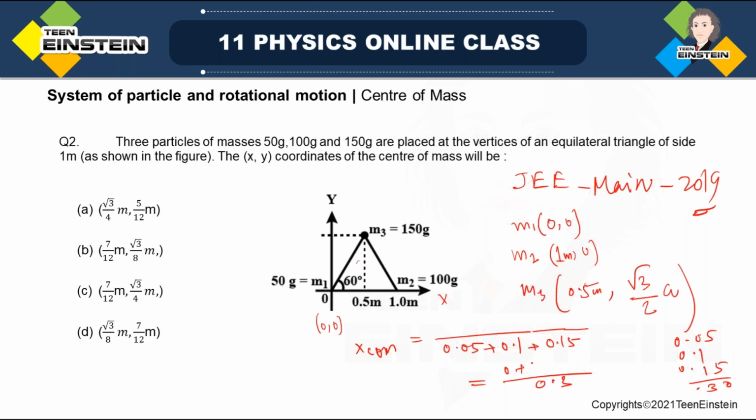M2 is 0.1 into x2 is 1. Okay, so m3 is there also, 0.15 into 0.5.